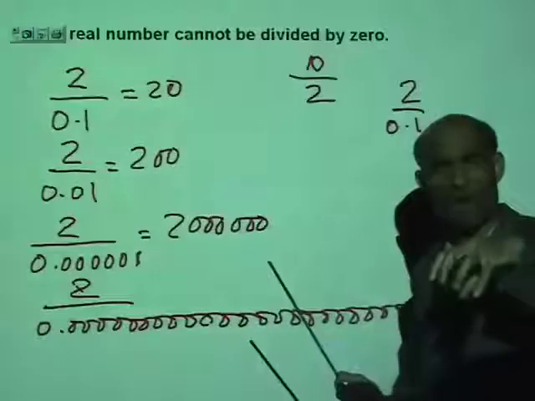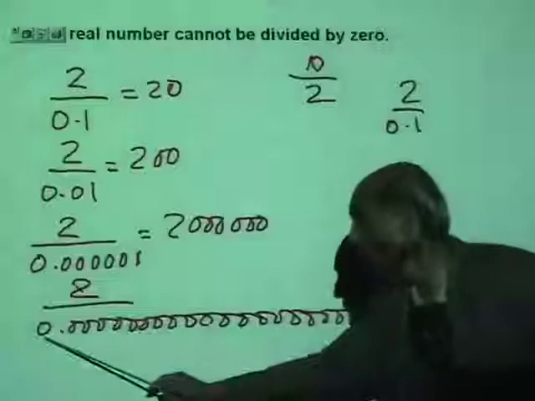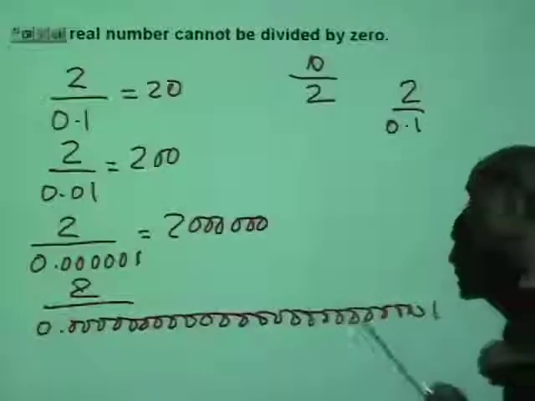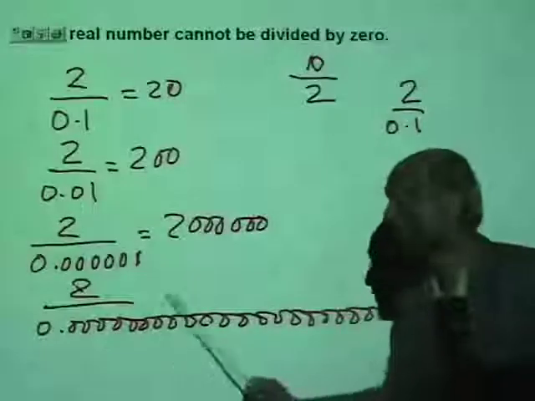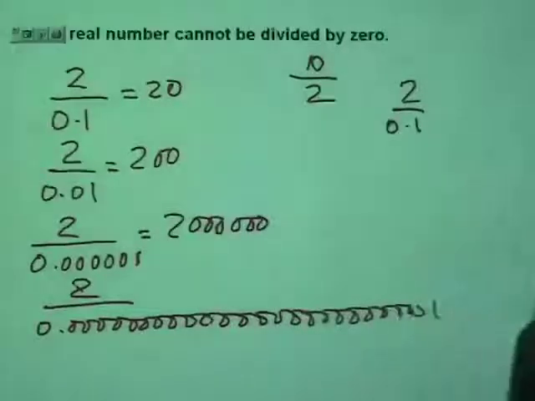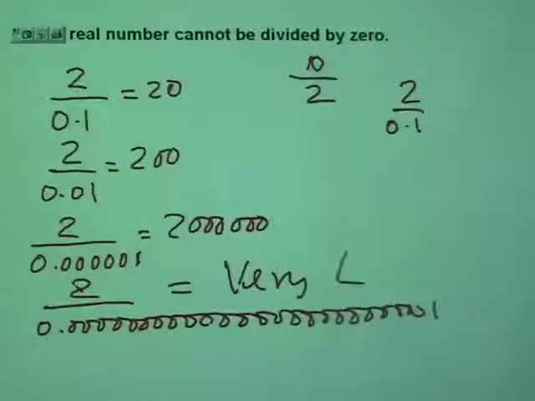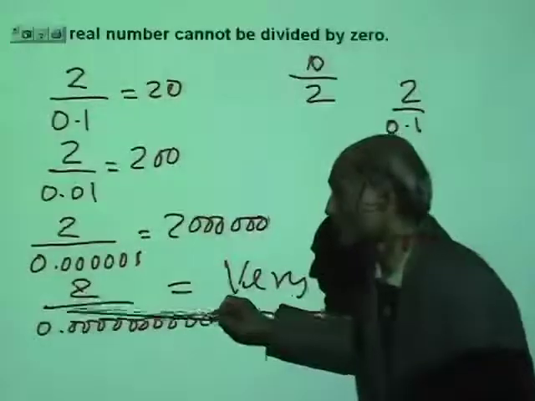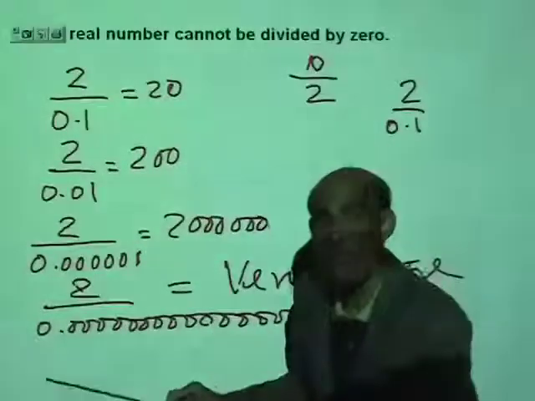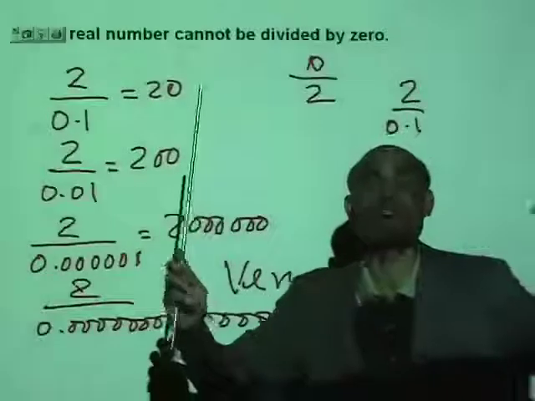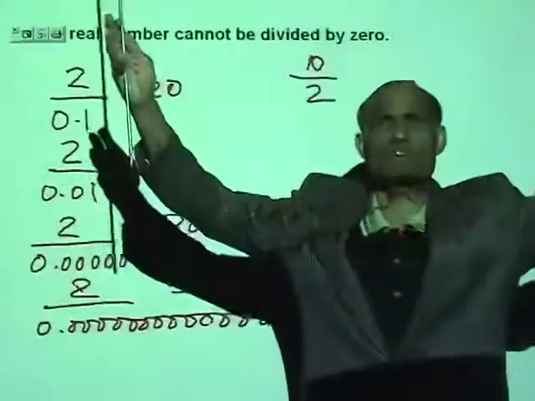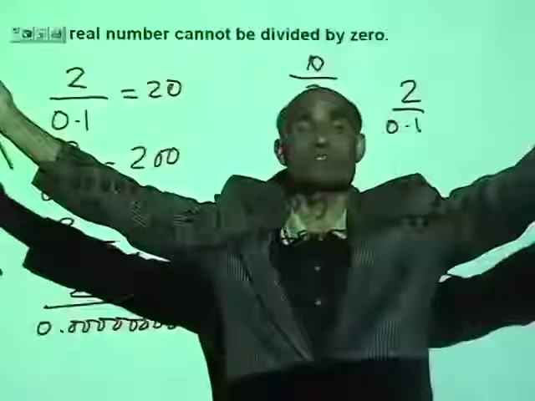You see, very small means close to 0, but this is still greater than 0. What will be the value of this? Now, the only thing I can say is that this will be very large. And therefore, can you imagine, as the denominator gets smaller and smaller, the results get very, very large.